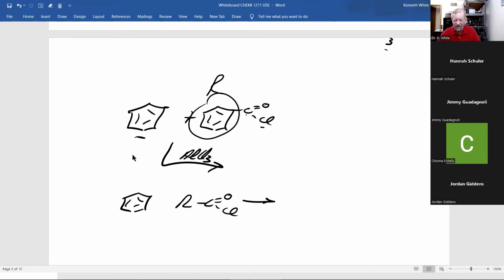And when you react that in the presence of aluminum trichloride, you get an aromatic ketone. What's my R group? A benzene ring. So benzene ring, don't forget the lines inside the bonds. Carbonyl, what's my R group? Another benzene ring.